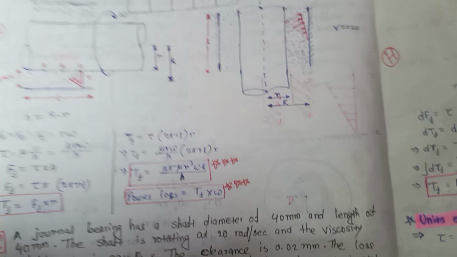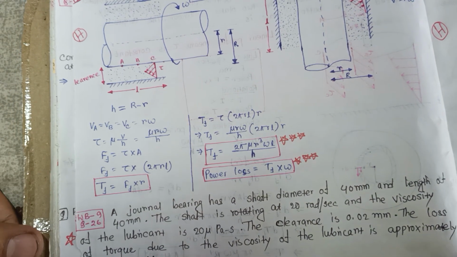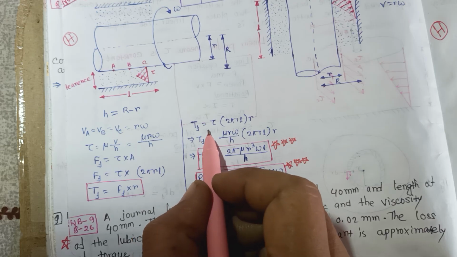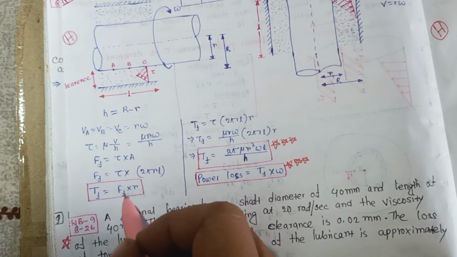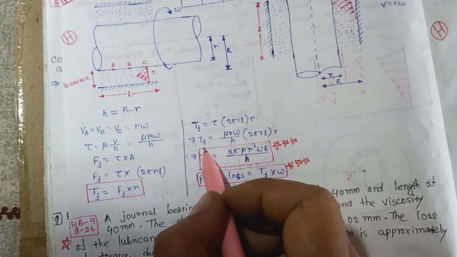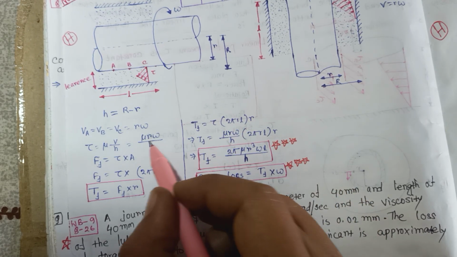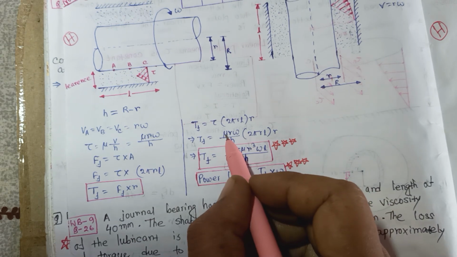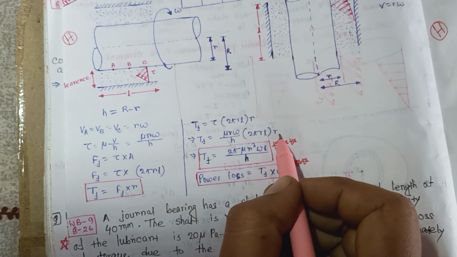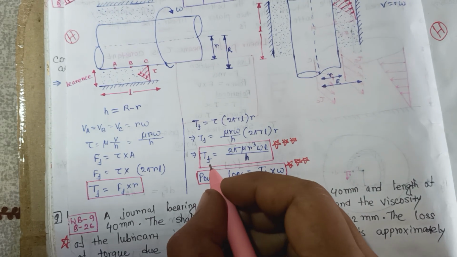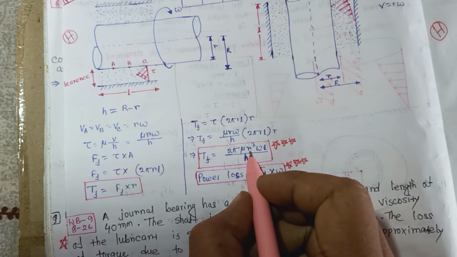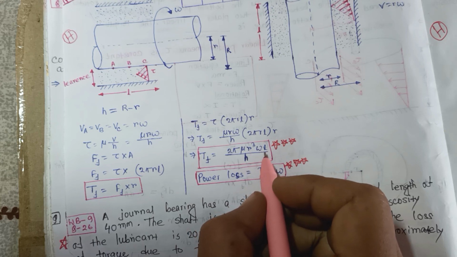TF equal to tau into 2 pi r L into R, where tau equals mu r omega by H. So mu r omega by H into 2 pi r L into R. From here, TF equal to 2 pi mu r cube omega L by H.